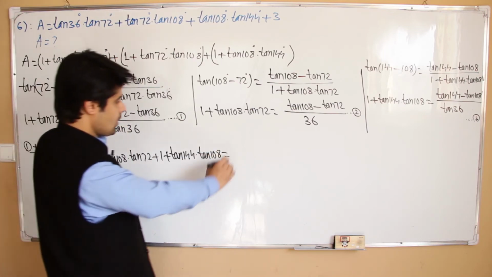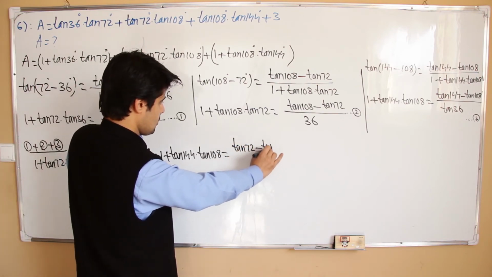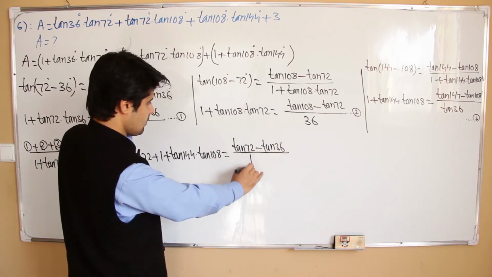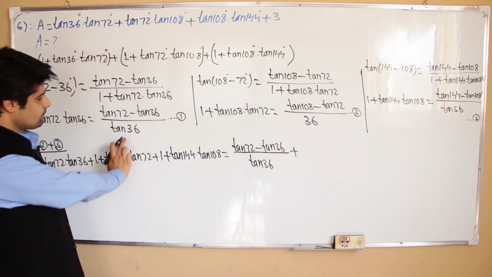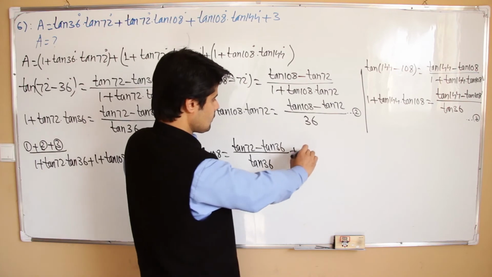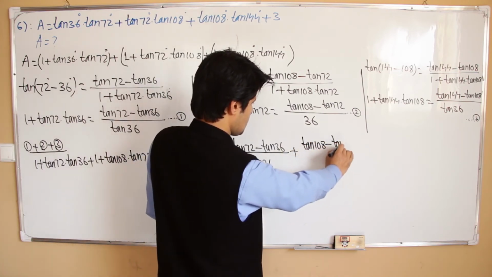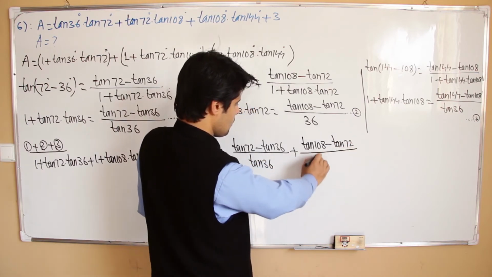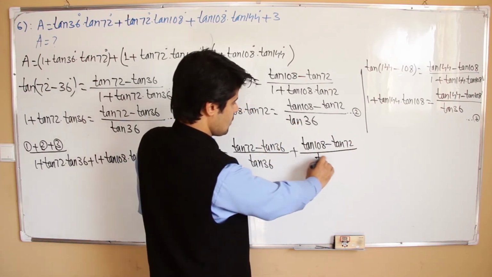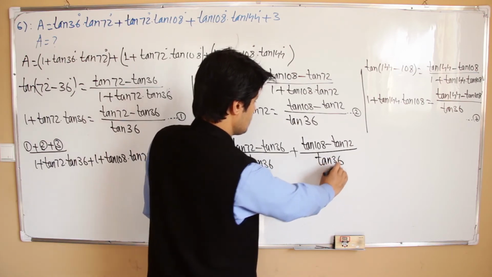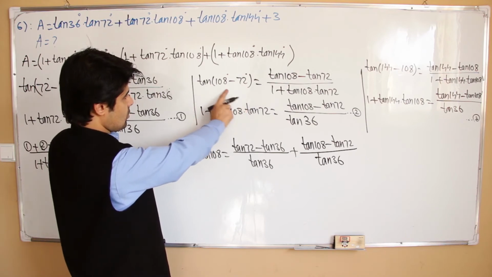On the right side, tangent 72 minus tangent 36 divided by tangent 36, plus tangent 108 minus tangent 72 by tangent 36. 108 minus 72 is 36, tangent 36.